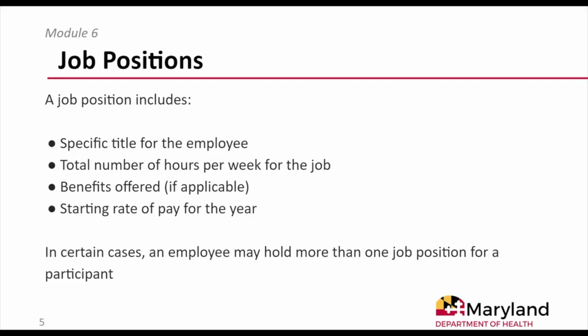Employees may hold more than one position for a participant. However, employees are subject to overtime law and Medicaid waiver requirements regarding overtime for any hours worked over 40 hours per week. When employees hold more than one position for an employer, timesheets and benefits can become more complex.